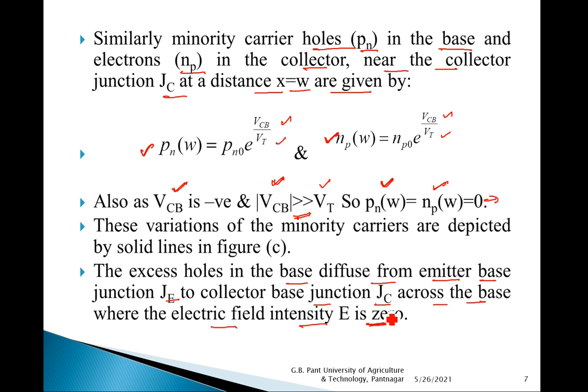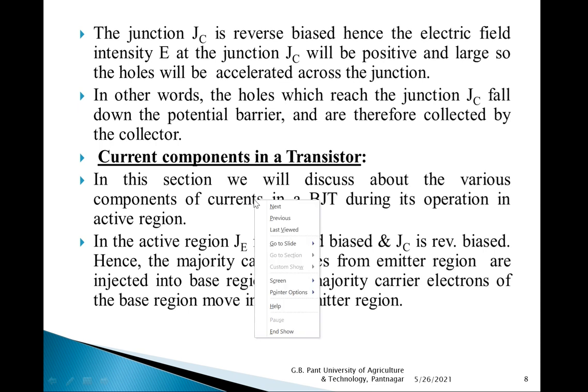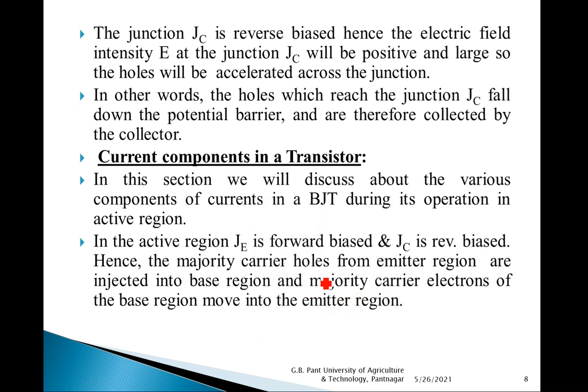Now, since the junction JC is reverse biased, the electric field intensity E at the junction JC will be positive and large.